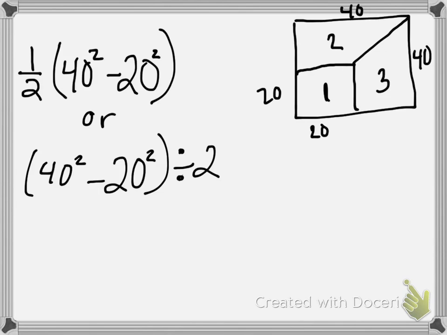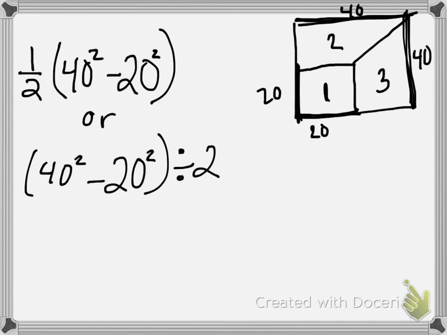So we're trying to find the area of zone 2 right here. So they have showed us that for the entire area, this right here is 40 yards, this here is 40 yards. They've also shown us that zone 1 is 20 yards by 20 yards.